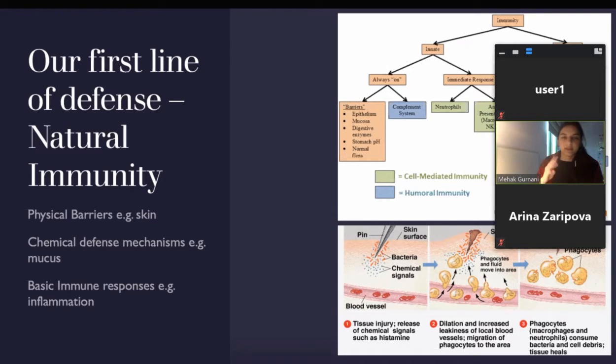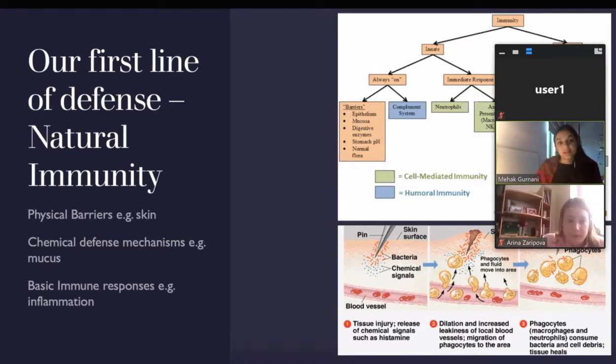So there are three main parts of this system. There's a physical barrier, there's a chemical defense, and there's basic immune responses. If you think of a physical barrier, that's your skin, which keeps everything out. Your skin has a few special features that give you protection against bacteria and other microorganisms, because it's a little acidic and a little dry, which is not the best environment for most microorganisms to grow in.